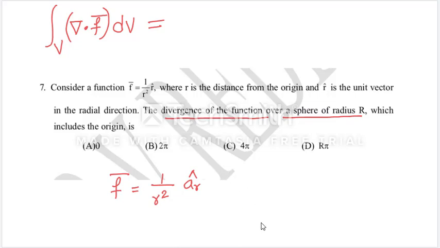What is r bar here? It is a unit vector, which is given as xi plus yj plus zk.